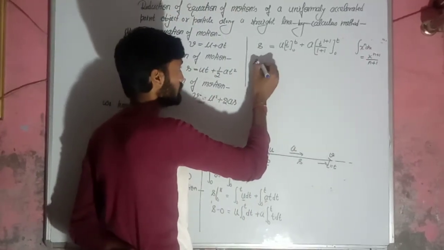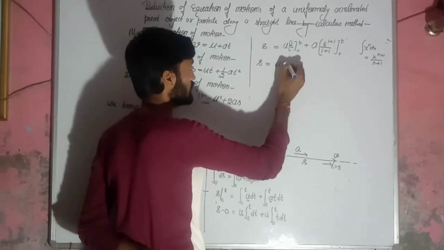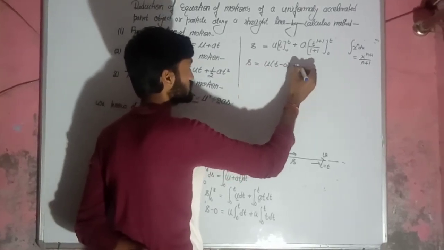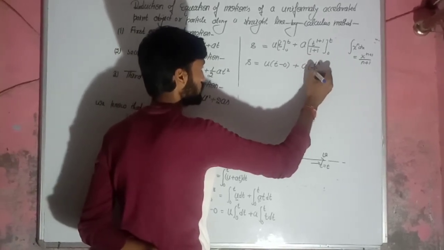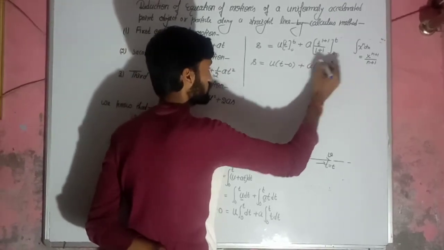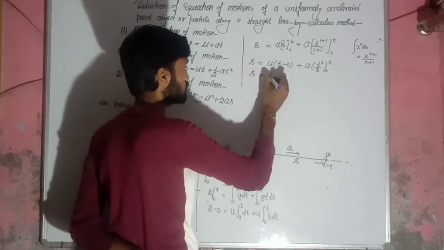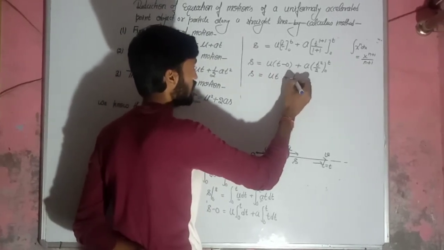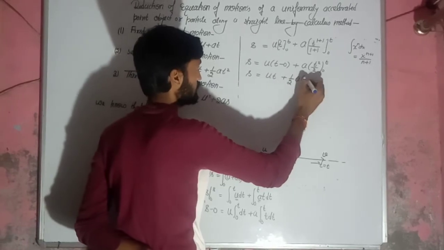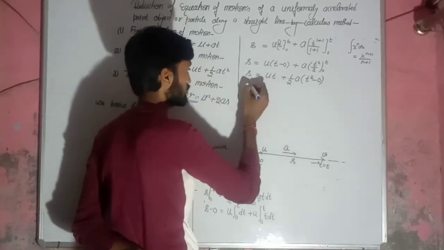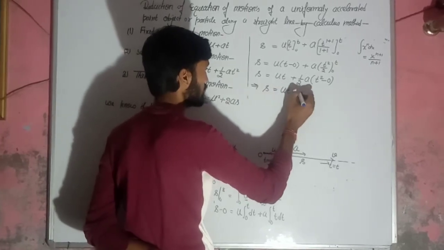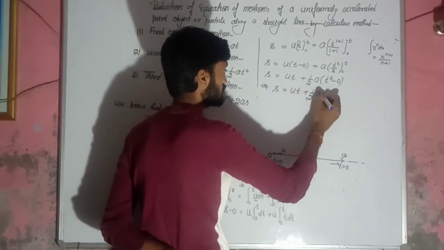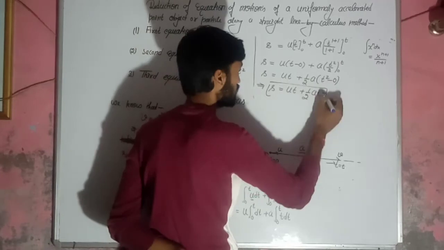Now this will be s equals to ut minus 0 plus a, and this is t square by 2, limit varies from 0 to t, and this will be equal to ut plus half a, with limit t square minus 0. That implies that s equals to ut plus half at square, which is the second equation of motion.